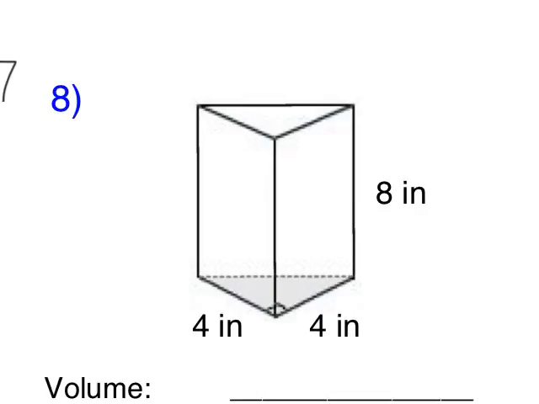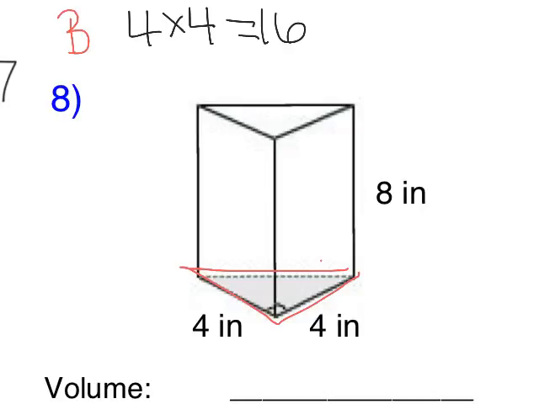For number 8, we're looking at a right triangular prism. So we're going to continue what we've been doing, and we are going to find our big B. So we've got triangle. So we'll take our base of our base triangle, which is going to be 4, and then we will take our height of that base triangle, which is also 4, right? Then we get 16. And we'll take that 16 and divide it by 2, because remember we're using a triangle.